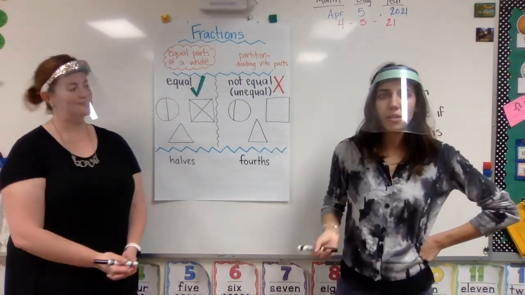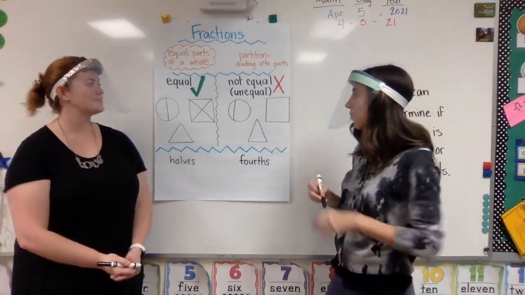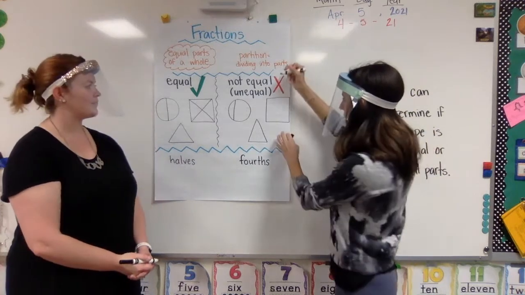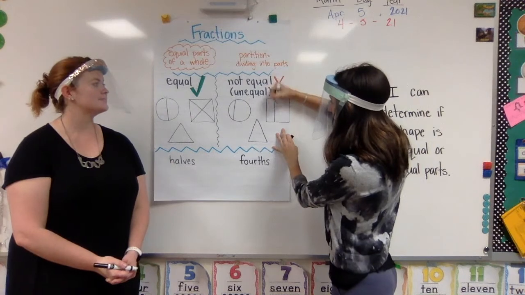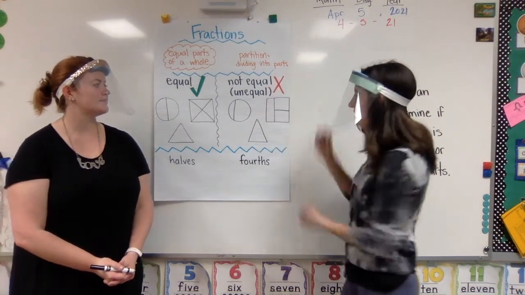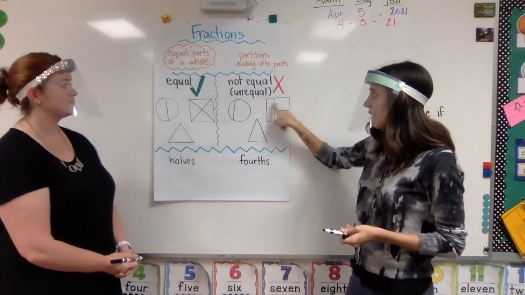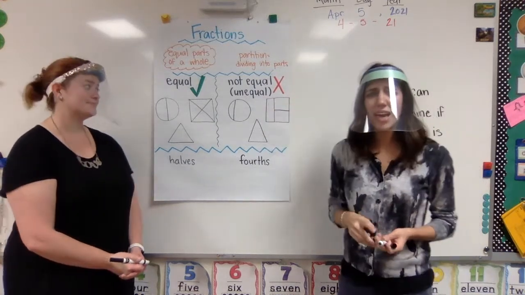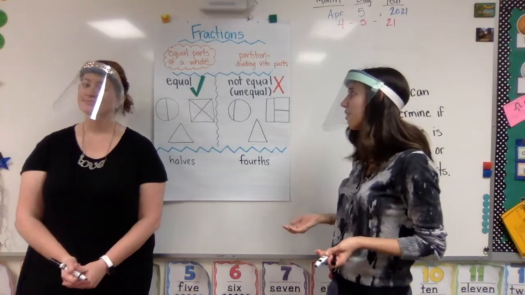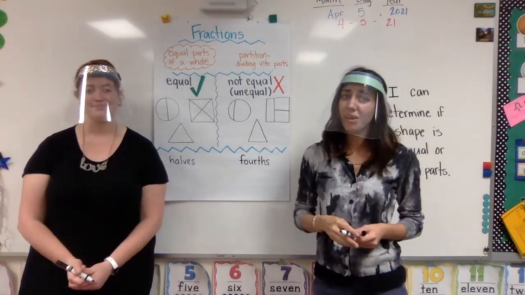But if I were to make a square unequal, I could partition it by drawing a line maybe straight up on this side, and then maybe cutting it in half here. And I would have 3 parts, but these 2 are really big squares, and this is a little tiny rectangle, and that is definitely not equal, or unequal.